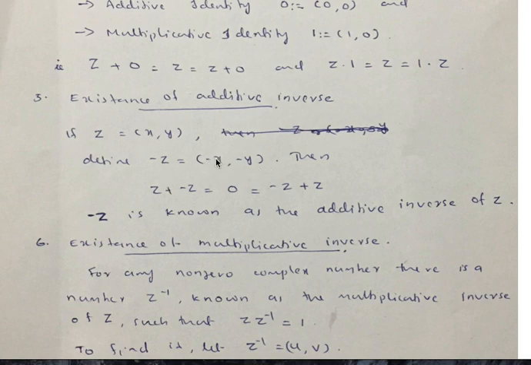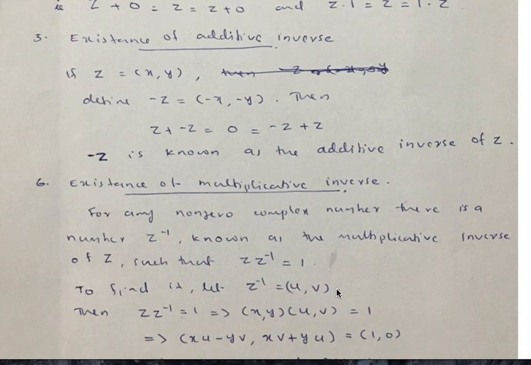Then when you add x and minus x, you get 0 here, and when you add y and minus y, you get 0 here. So you get the additive identity 0. So minus z, which is defined here, is the additive inverse of z. As you can see, every complex number has an additive inverse defined in this way. Now existence of multiplicative inverse.